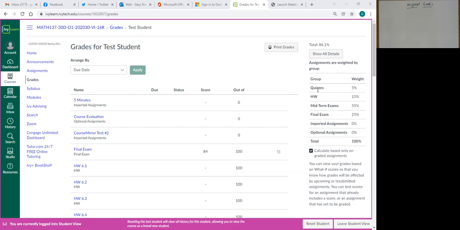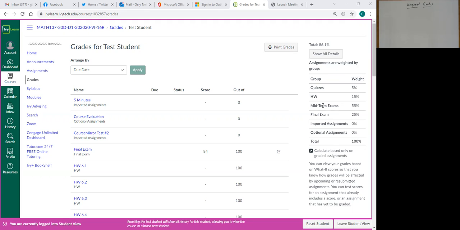In other words, quizzes, under weight it says 5%. That means the scores you get on quizzes will amount to 5% of your final grade. For homework, how you do on the homework will amount to 15% of your final grade.